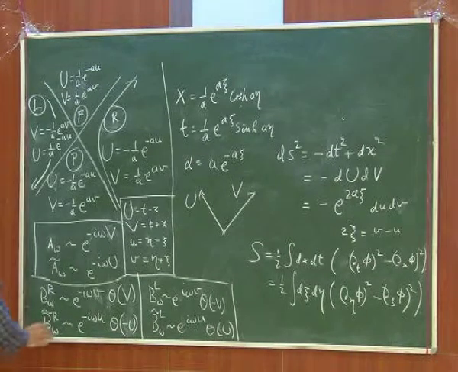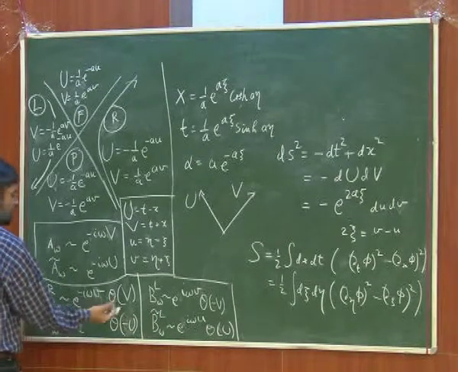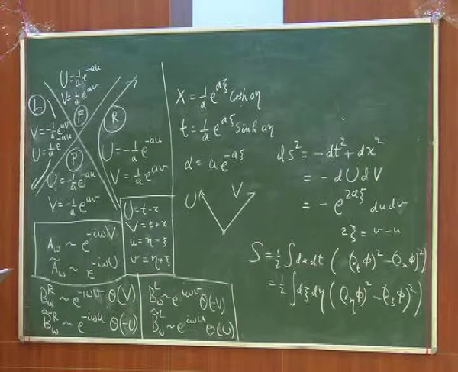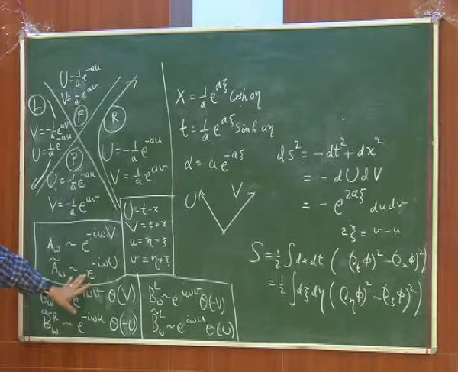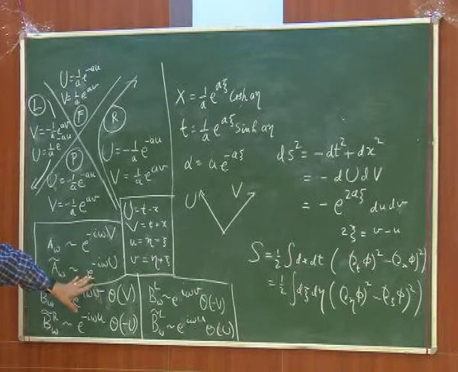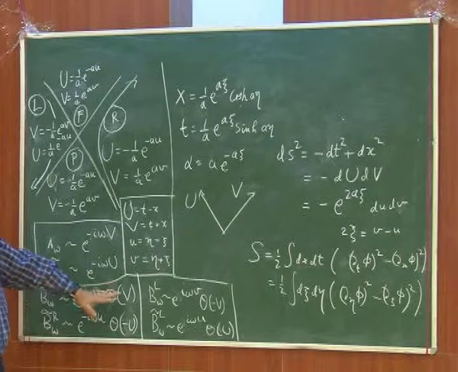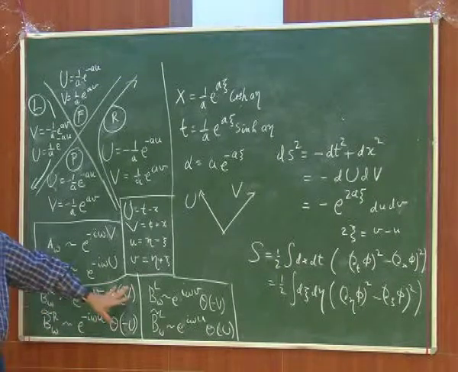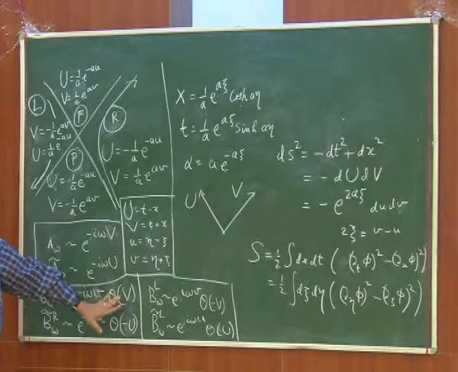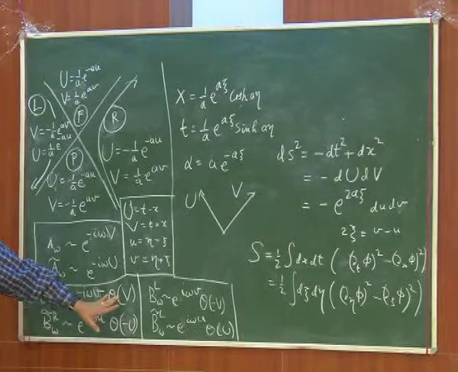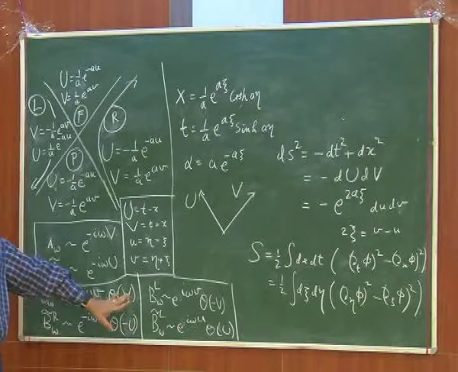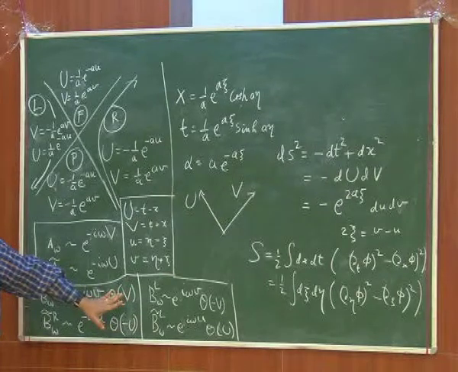I have extended the definition of these functions throughout space-time, also to the left, by imagining that these are functions of capital V, which are positive, non-zero, for capital V positive.